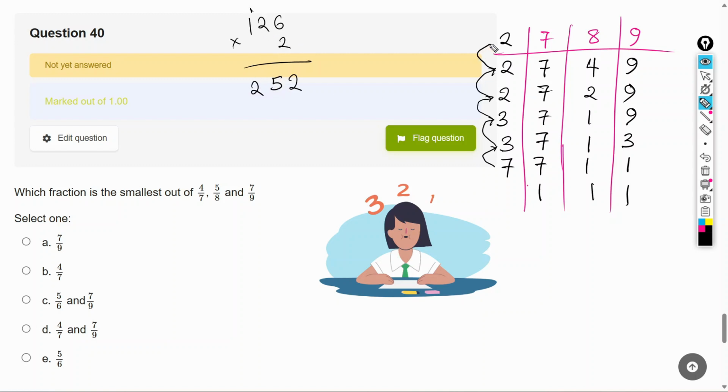And then 252 times 2. 2 times 2 is 4. 2 times 5 is 10. 0 carry 1. 2 times 2 is 4 plus 1, 5. That's 504. So our LCM is 504.